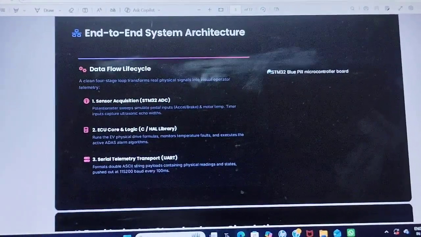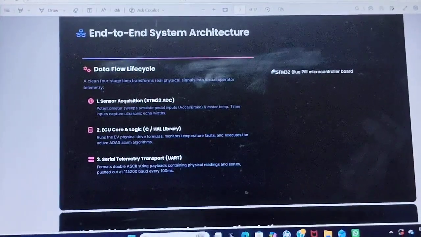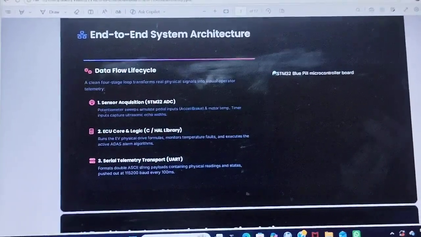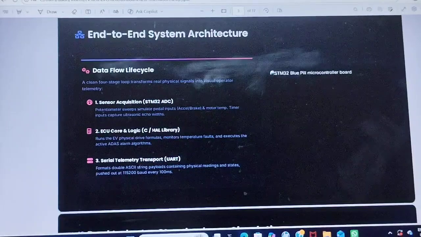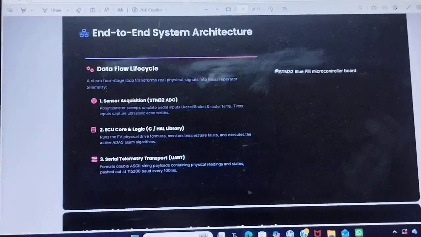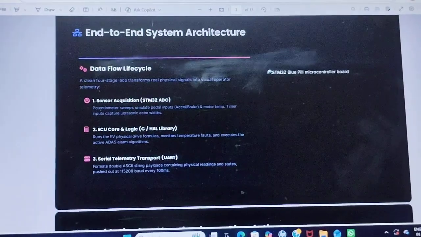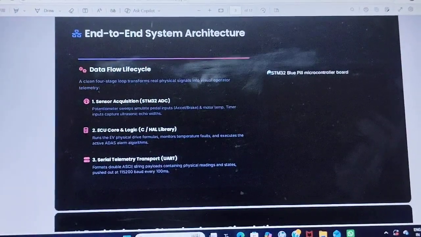For the ECU core logic, we use the C library. In this library we can apply the physics drive formulas, monitor the temperature faults, and execute the ADAS alarm algorithm. Then serial telemetry transport.